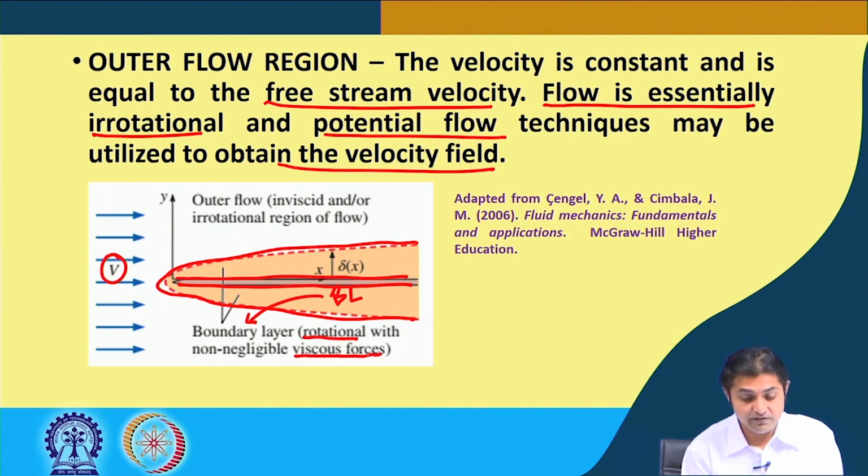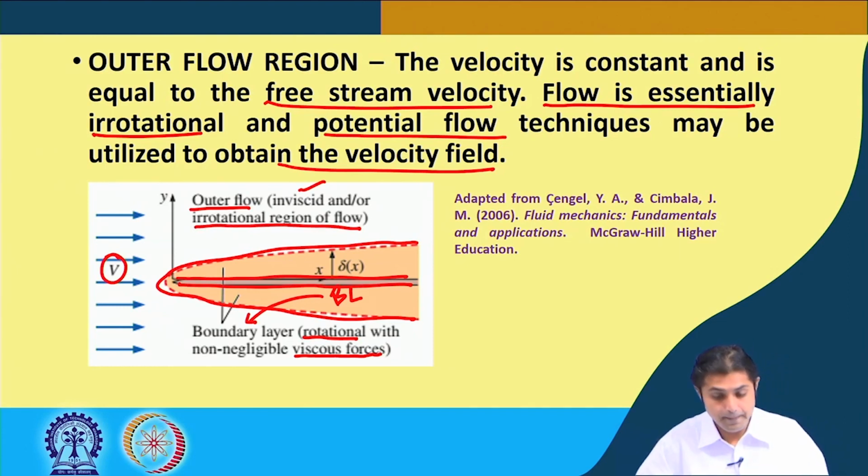So, viscous forces will exist in this region, and the region outside is outer flow, where the flow is inviscid, or there is no viscosity or friction, and we can consider an irrotational region of the flow here.